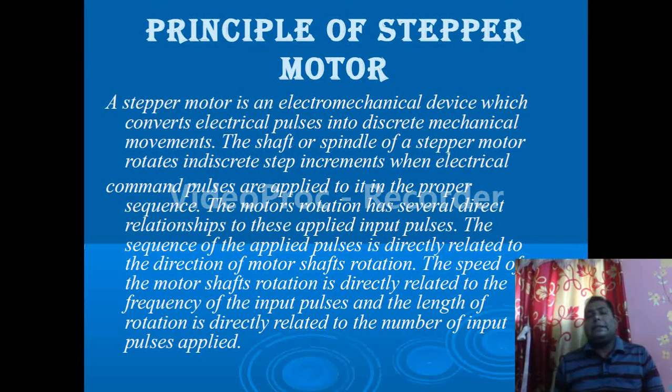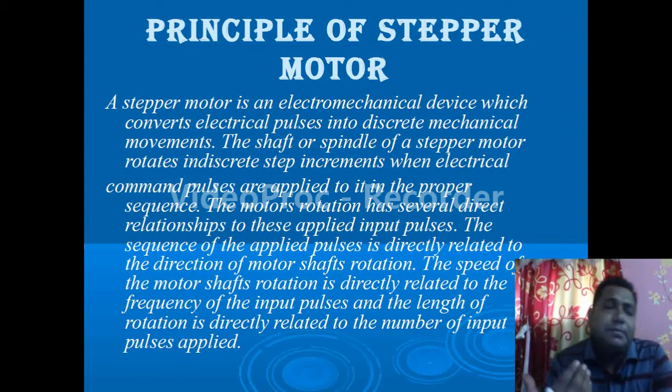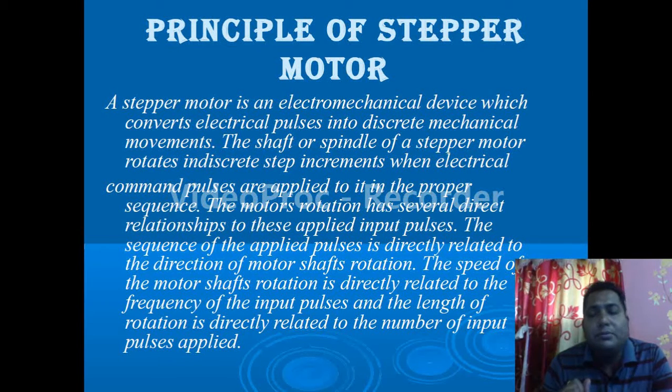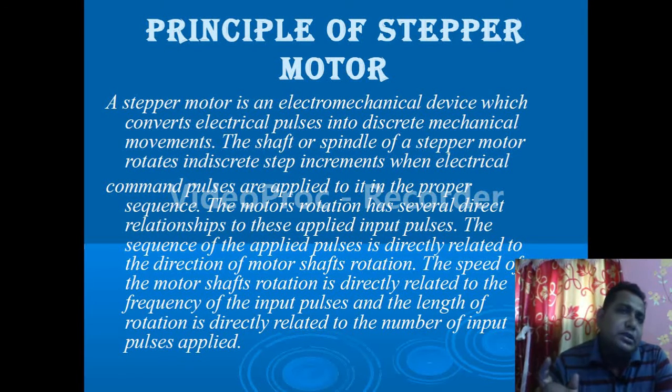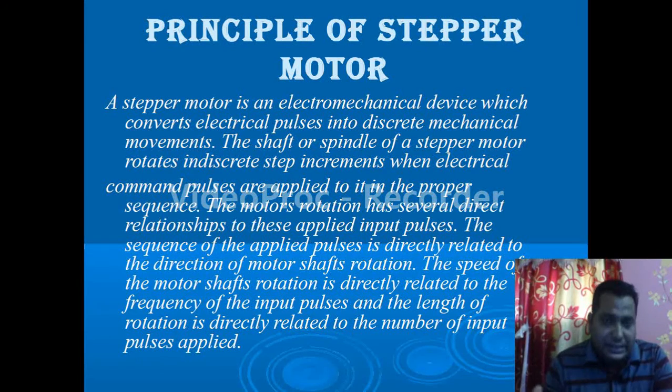That means, suppose we have to rotate a shaft or spindle of a stepper motor by some angle. At that time we can apply some pulses to the machine, so that it can rotate that particular amount of angle or particular number of steps.